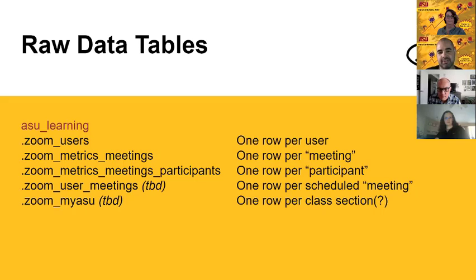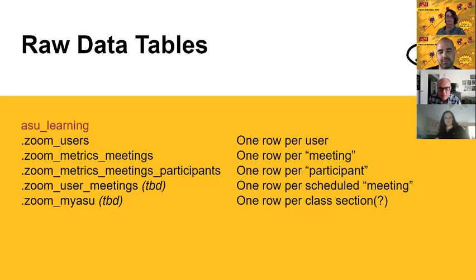And then there's something some of you who work in the colleges might be familiar with, what's been done in MyISU that allows people to customize what shows up in MyISU as far as Zoom links for specific classes or for specific instructors. So we're looking to probably also bring that into the warehouse so we can integrate that information as well.